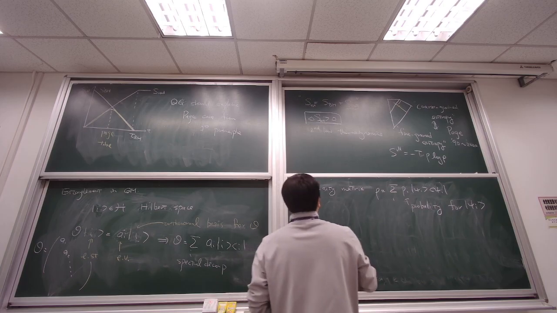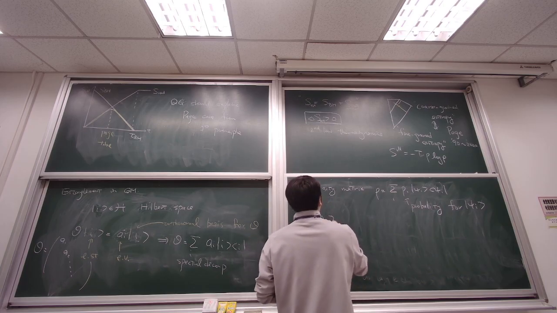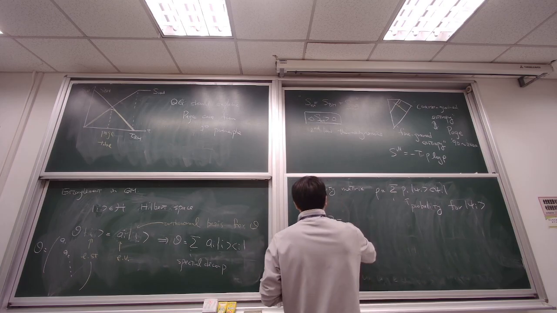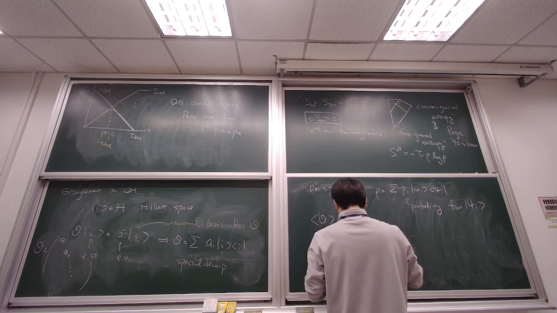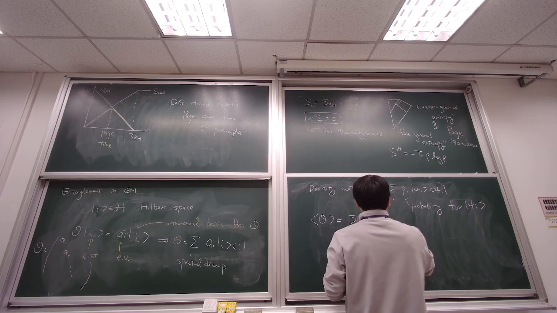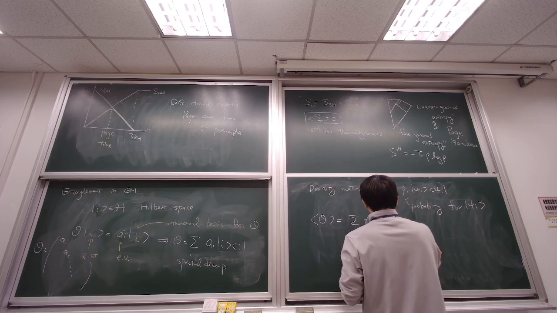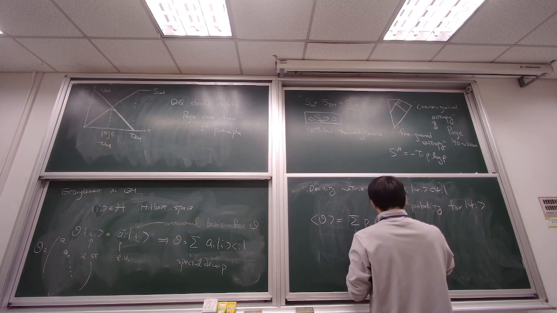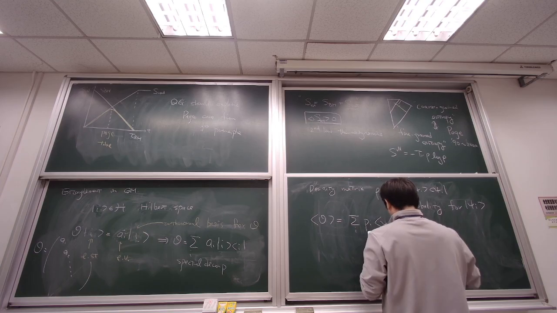Therefore, if you consider the expectation value of the operator O, we have the sum over i of p_i times psi_i O psi_i.